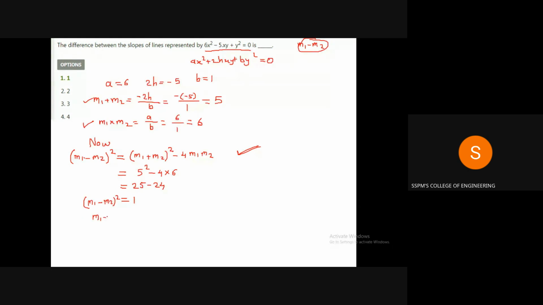Therefore m1 minus m2 is 1. This m1 minus m2 means the difference between slopes, so the difference between slopes is 1. Okay, write down this relation somewhere: m1 minus m2 whole square is equal to m1 plus m2 whole square minus 4 m1 m2.